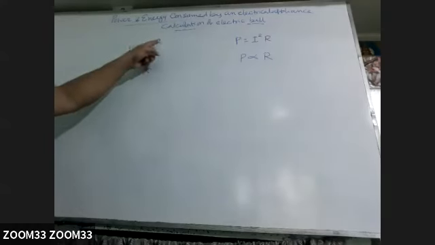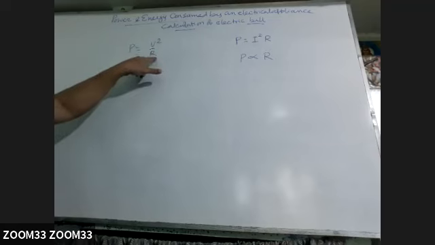If we change V into IR, what will be I square R square by R? Then I square R we will be getting. Any other? Yes? Both are correct.